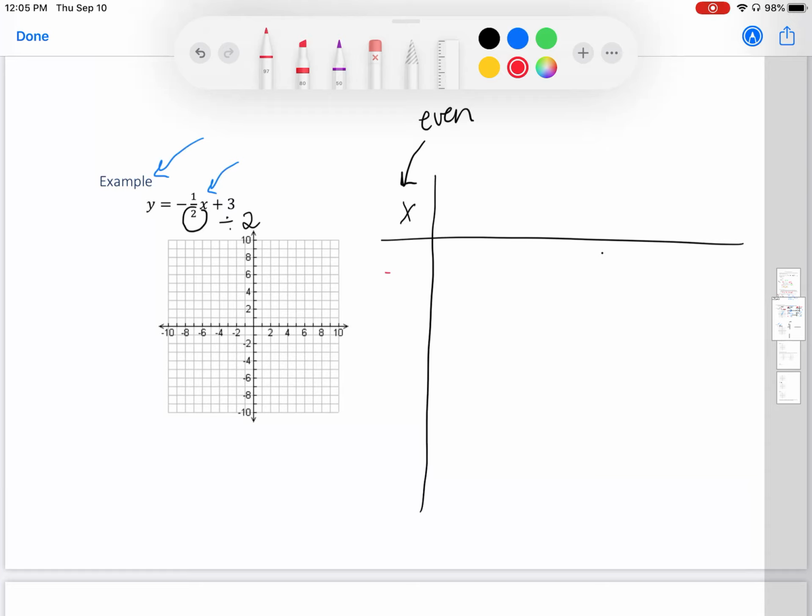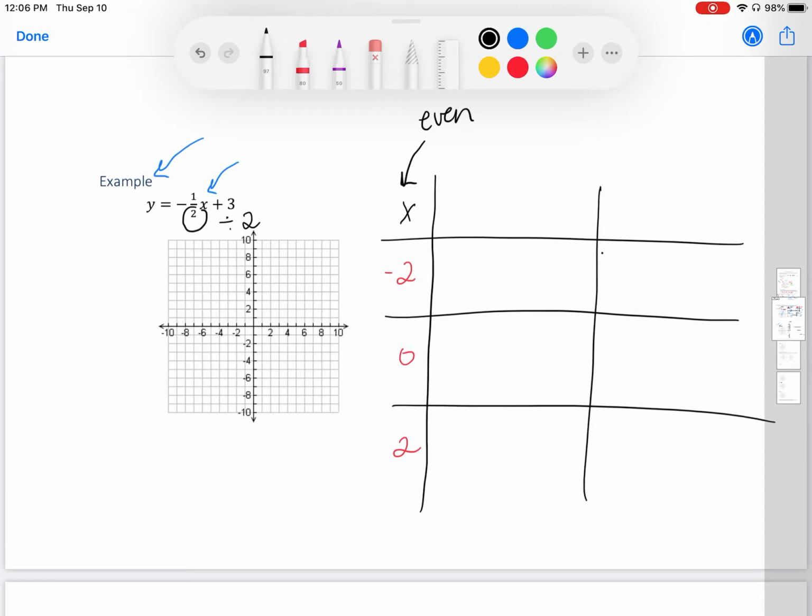Let's pick numbers like negative 2, 0, and 2. Okay, let's go ahead and work this out.